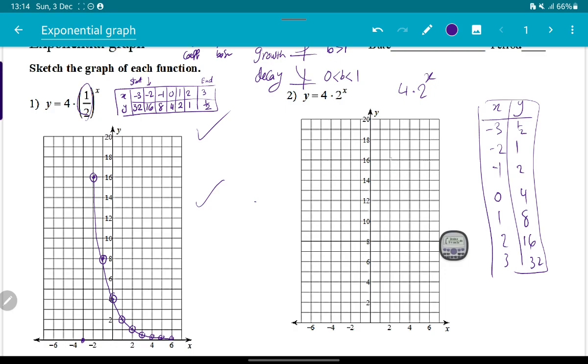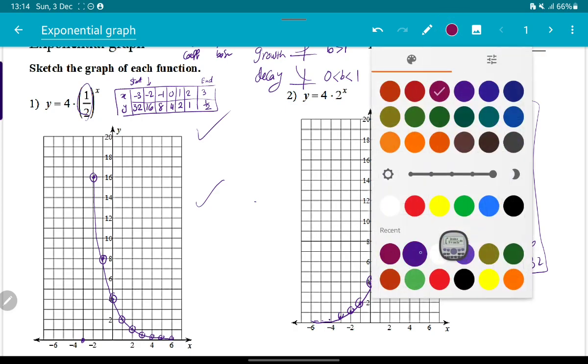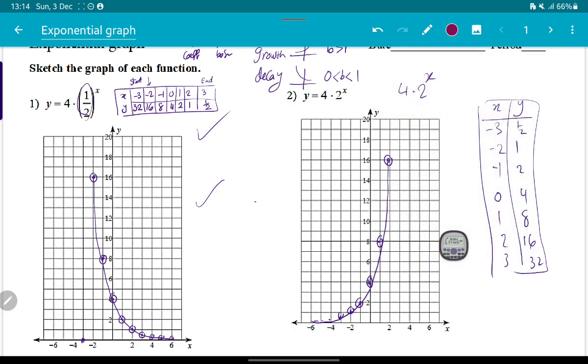2 with 16, 1 with 8, then 4, 2, 1, half, and so on. Okay, can you note that this point is the y-intercept, which is 4, and the a is 4, because when you put x equal to 0, this will give you the y-intercept.